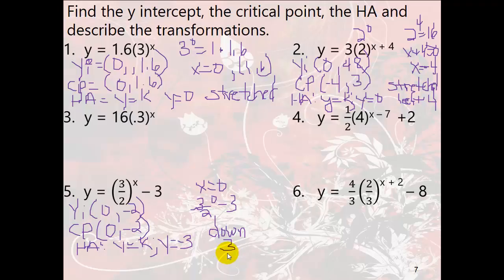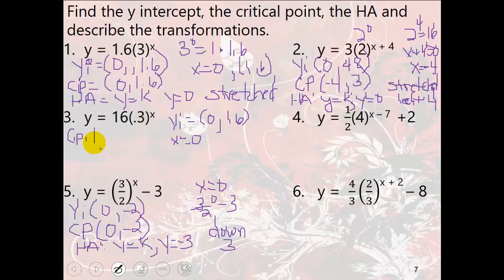All right, for number 3, my y-intercept is equal to, I plug in a 0, and I get out 0.3 to the 0 is 1. 16 times 1 is 16. My critical point, I have to set my exponent equal to 0, so I get x is equal to 0.